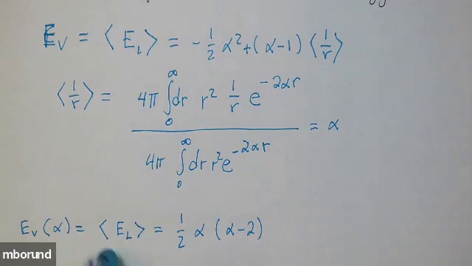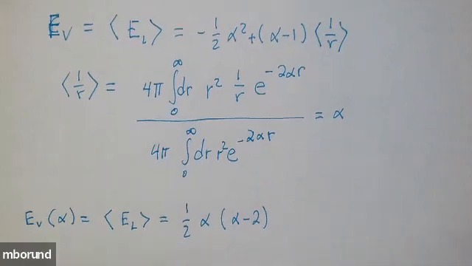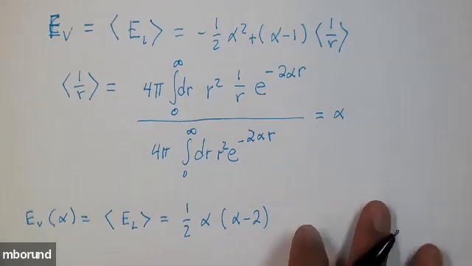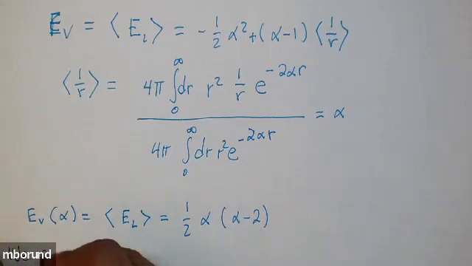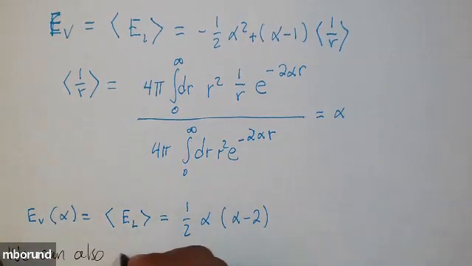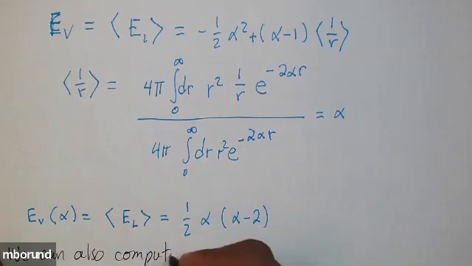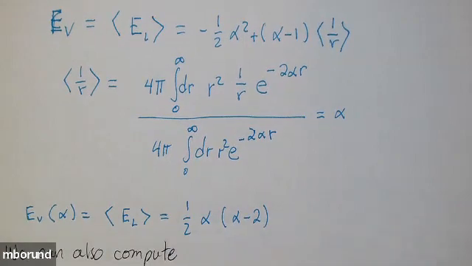So this is the expectation value of this r, right? We could also compute it. So this is an easy example, easy enough that you can do it by hand.